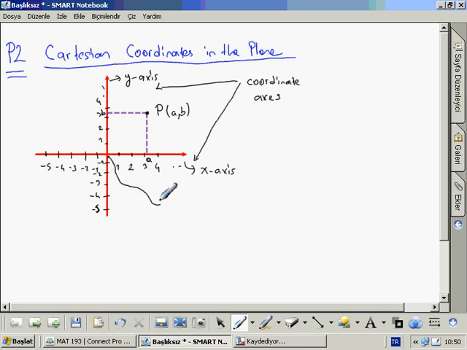The last one I want to say about this Cartesian coordinate system. This point is, as you know, the origin of the coordinate system.